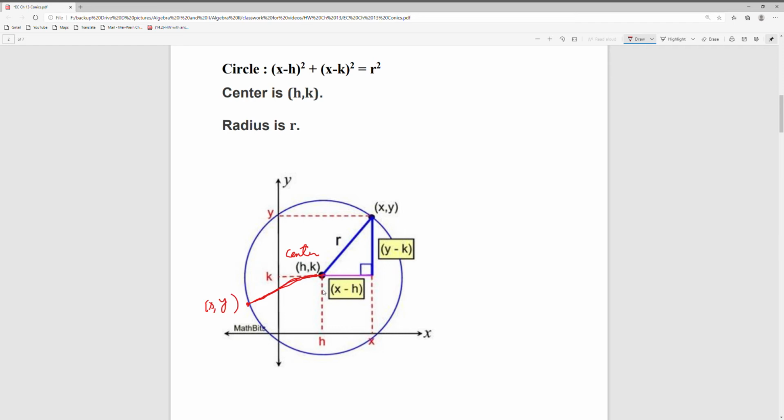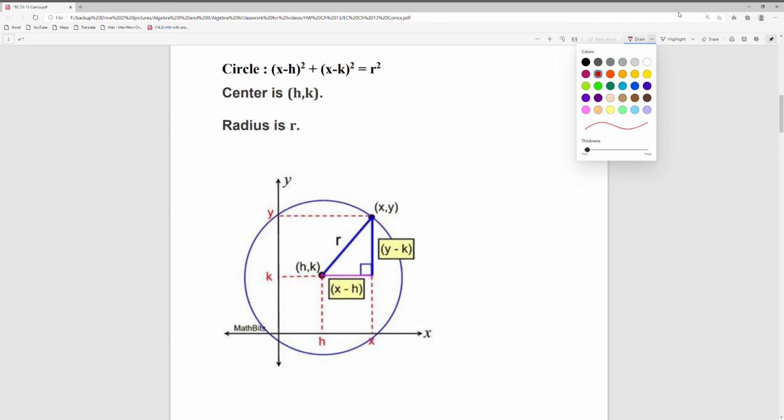Every point on the circle connects with the center (h, k). This distance we call the radius, and the radius is the same everywhere in the same circle. Since the radii are all the same, then we can calculate the radius.